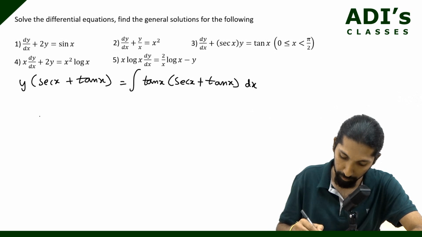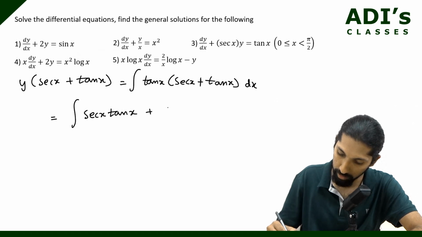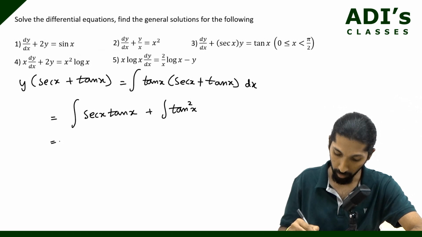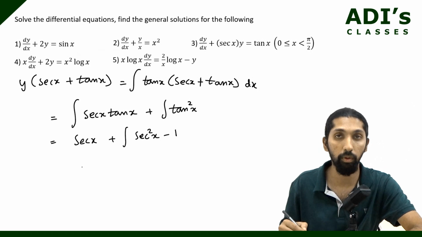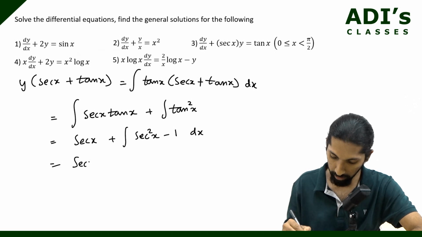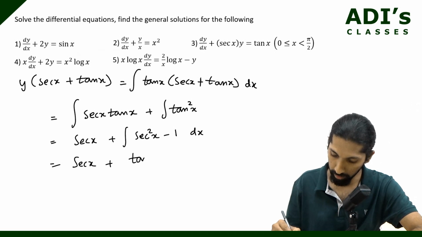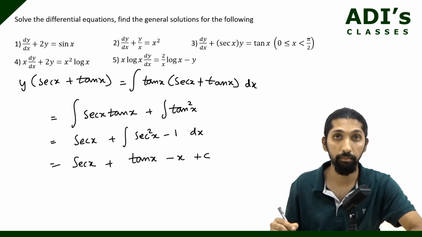See, for the RHS part, multiply secant x tan x plus integration of tan square x, right? Which is secant x plus secant square x minus 1 dx. So secant x plus tan x minus x plus c, correct?